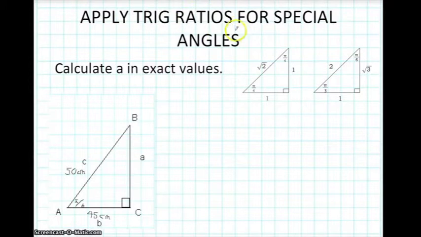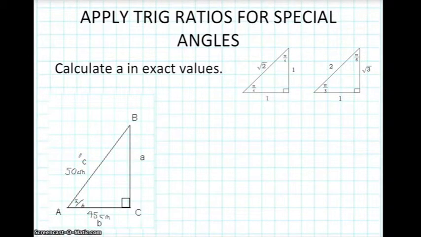So we're going to apply trig ratios for our special angles, and it says to calculate A in exact values. So this is A. We have pi over 6, 45 centimeters here, 50 centimeters here. So we need to calculate this. This is the opposite. So we can either use this value, which is adjacent, or hypotenuse. I'm going to use the hypotenuse, so opposite over hypotenuse.